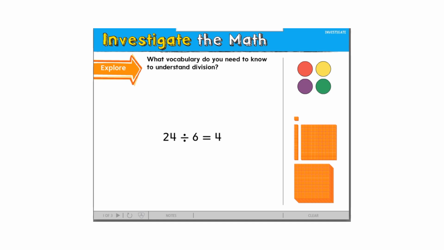In order to know how to do division, some of the vocabulary that you're going to need to know would be, what are the numbers called that are all around the division problem? So you have the dividend, which we've kind of already talked about. The dividend is a number that's being divided. So it's usually the bigger number.